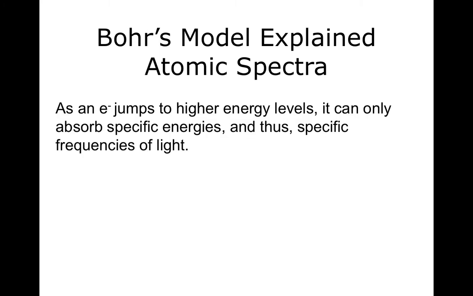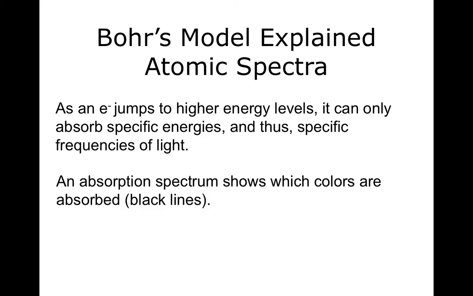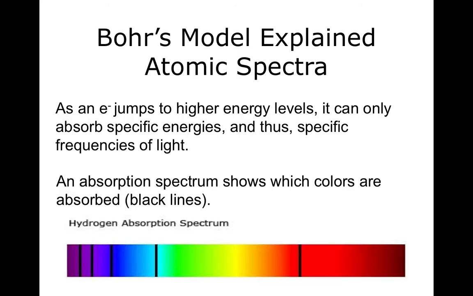As an electron jumps to a higher energy level, it can only absorb specific energies. Thus, it's only absorbing specific frequencies of light. And remember, the frequency of a light wave tells you the color. The absorption spectra shows which colors are absorbed by essentially that atom, right? And so you're going to get black lines, so something like this.